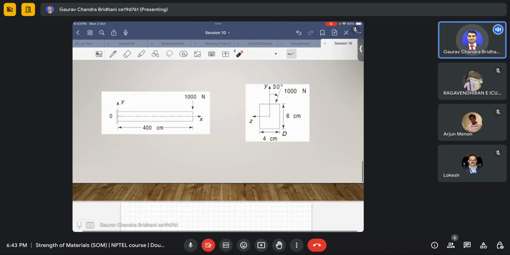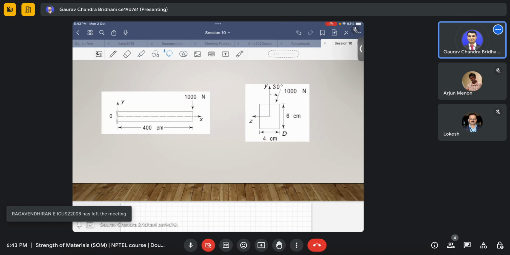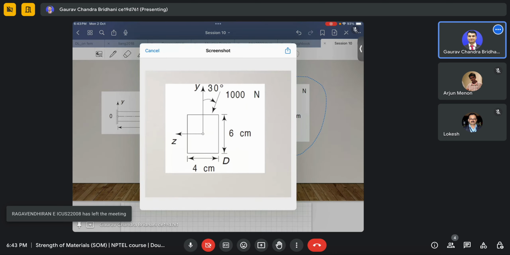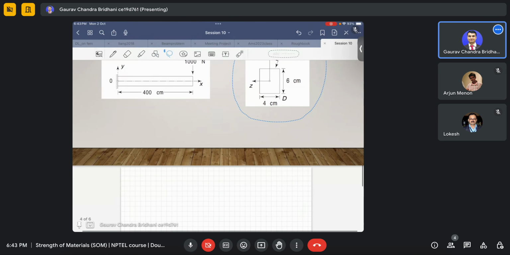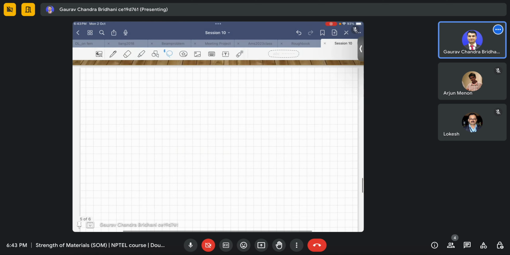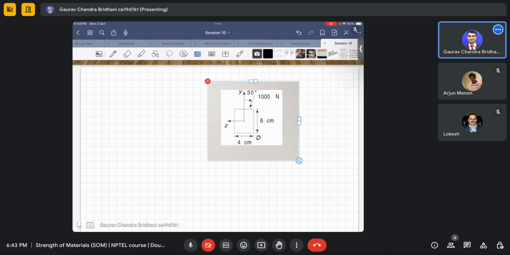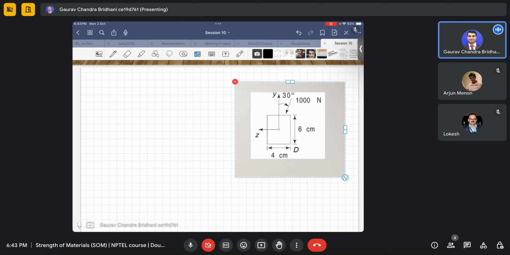So I'll copy this cross section. Let's write the width.